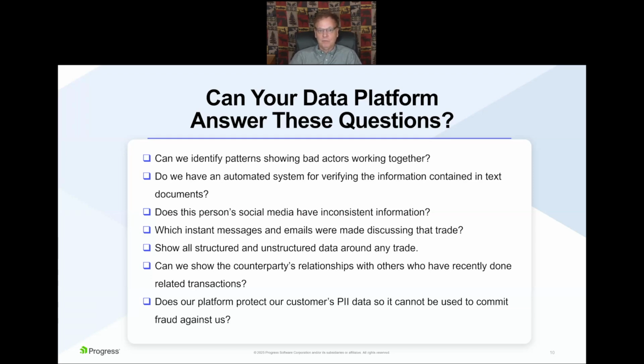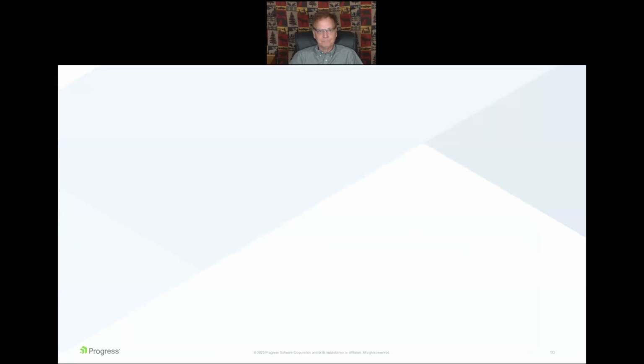And have you really protected all your data so that you don't end up on the front of the New York Times because you had a data breach and 10 million of your customers had their data exposed? All of this limits your ability to do some of these other things, but you have to do it, and you need a platform that can handle all of that.